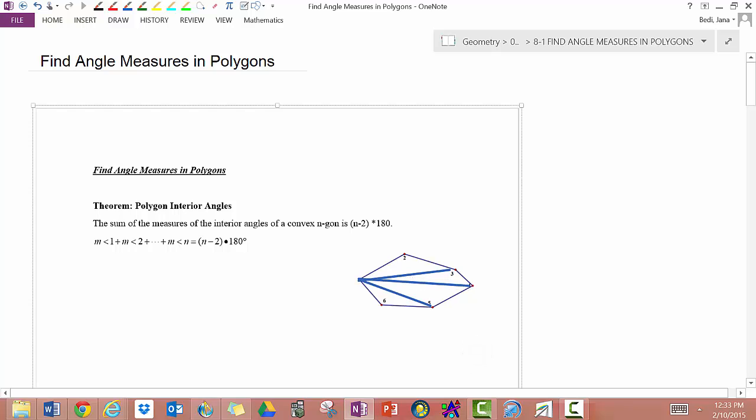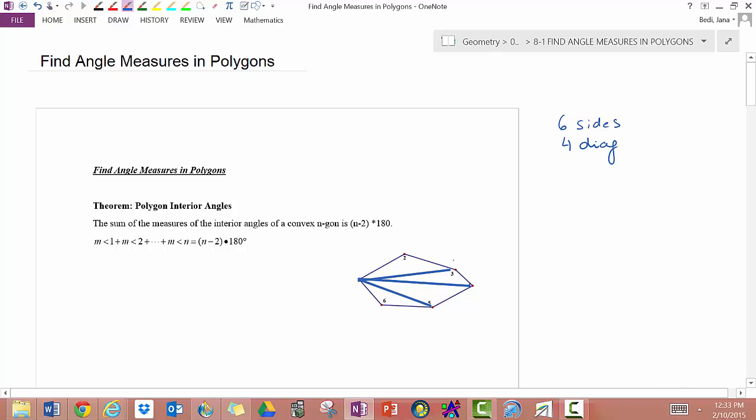So we have 3 diagonals and we have 4 triangles. We have 6 sides: 1, 2, 3, 4, 5, 6.